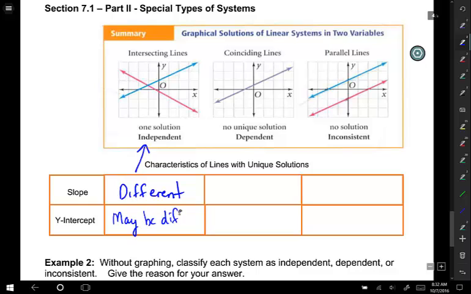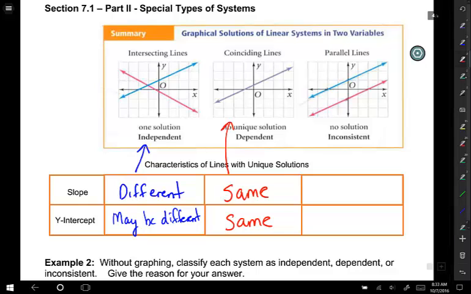By saying may, does it have to be? No. Okay. With a unique situation, in other words, you have the same line exactly, they have the same slope, and they have the same y-intercept.